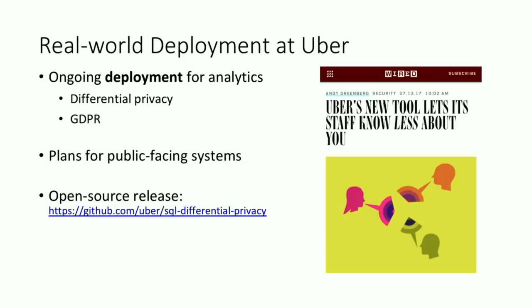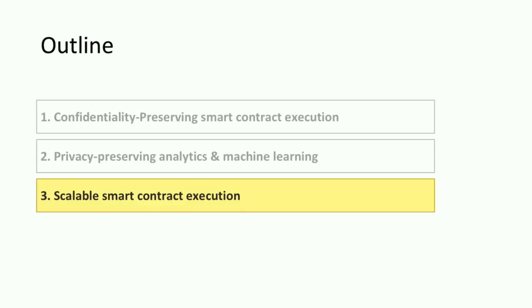Some of our technology has already been deployed at Uber for protecting privacy in their internal data analytics. So putting together confidentiality-preserving smart contract execution and privacy-preserving data analytics and machine learning enables privacy-preserving smart contracts.